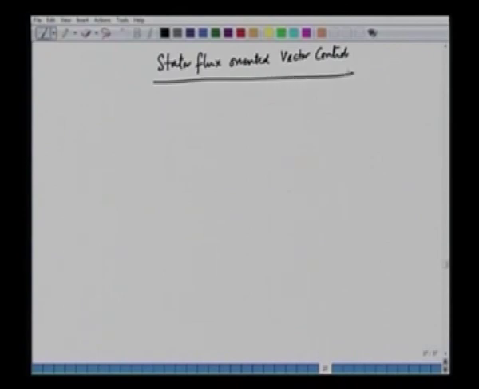In this case also, if this is our phase A axis, the reference A, what we are doing here is tracking the stator flux. This is our psi s, and we orient our d axis along the stator flux vector.